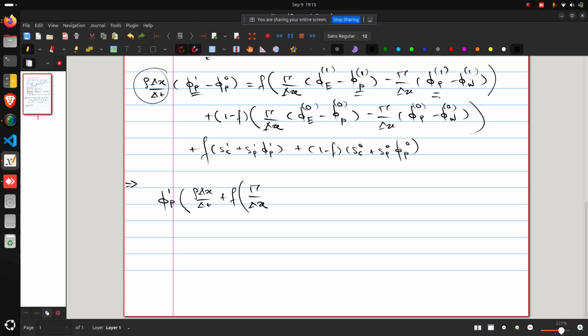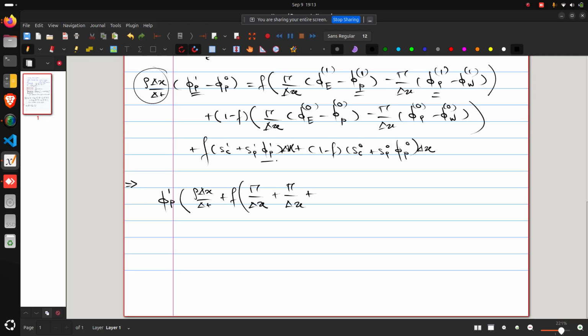This is minus, it will go to the left-hand side, so again it will be plus, and also it is multiplied by f, so we take it inside the bracket. There will be a delta x here because of the volume integral.